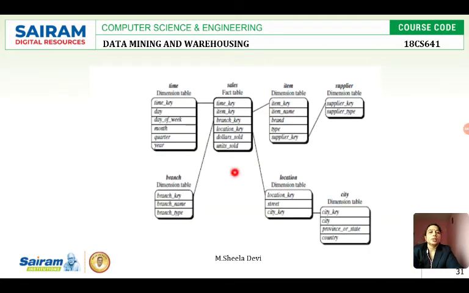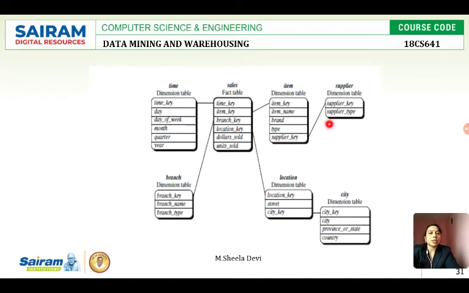Yes, see, this is the fact table, that same sales fact table with these dimensions. So if I take item key as a dimension, then it has its own dimension table. See here, for the item dimension table, we have dimensions item key, item name, brand, type, supplier key. Again, the supplier key is a dimension inside the item dimension table.